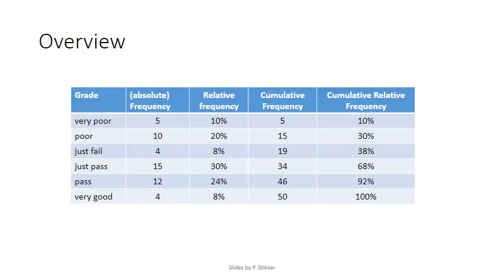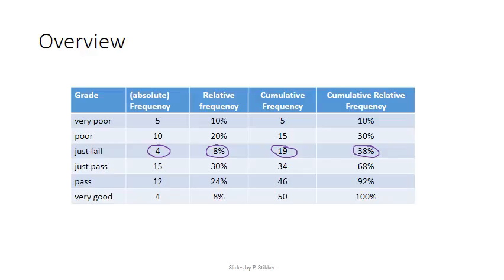On this slide, a table with all the discussed frequencies so far. We can see immediately that 4 students, for example, had a just fail, that accounts for 8% of the students. 19 students had a just fail or worse, and 38% of the students had a just fail or worse.